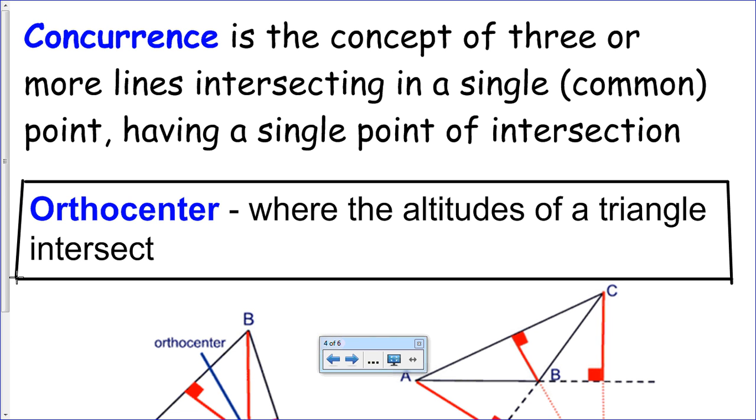You can also call the orthocenter the point of concurrence. And concurrence is just the concept of three or more lines intersecting in a single common point or having a single point of intersection. Let's go back to our previous slide.